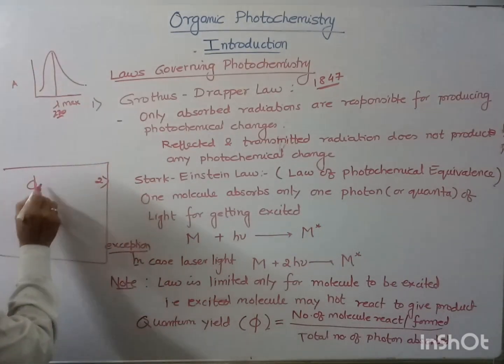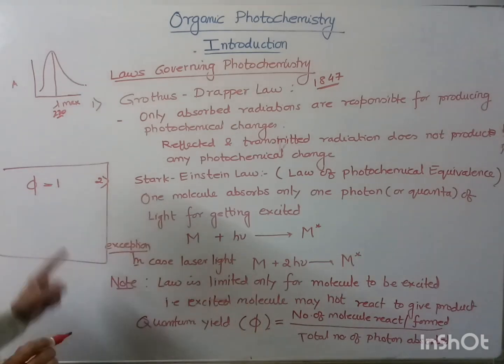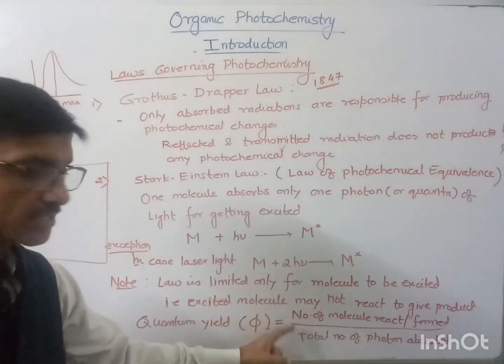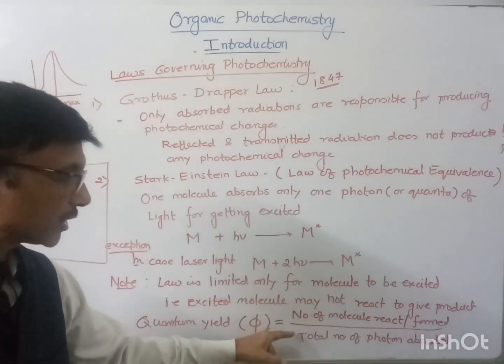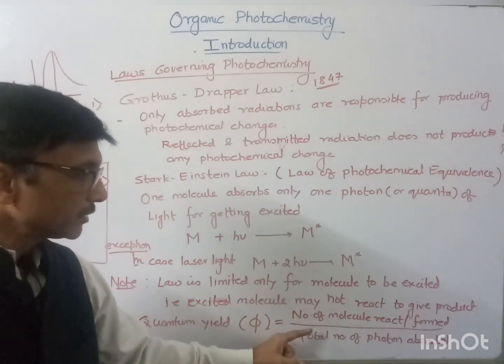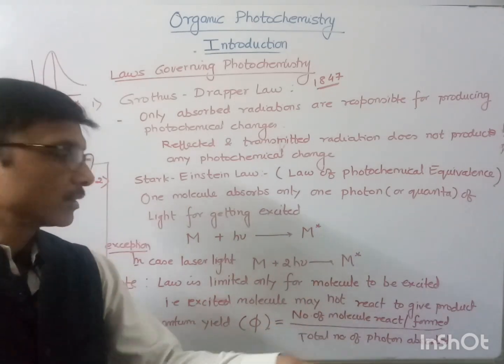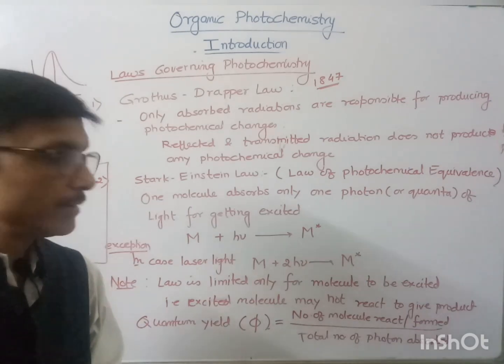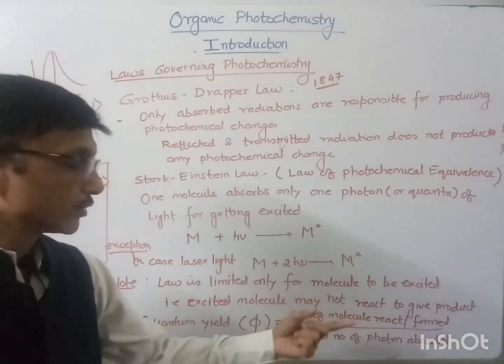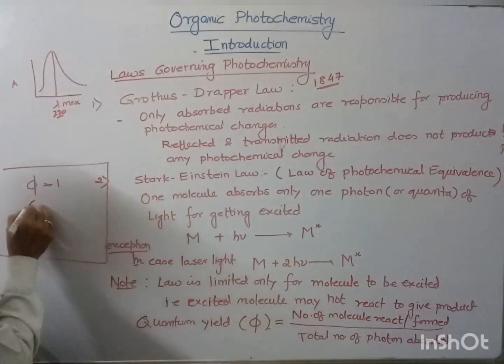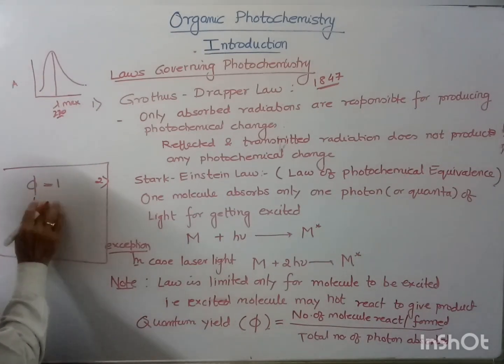So quantum yield may be 1 when both are the same: the total number of photons absorbed equals the total number of molecules that reacted. And this quantum yield may be less than 1.